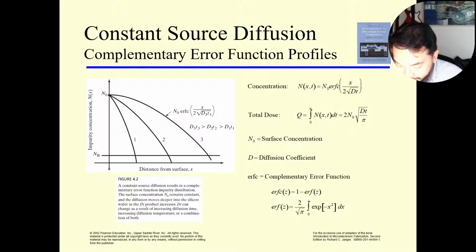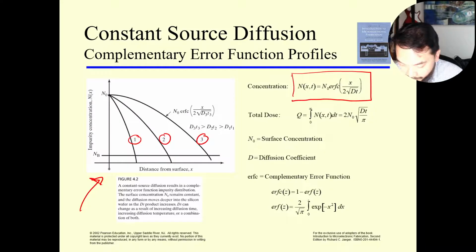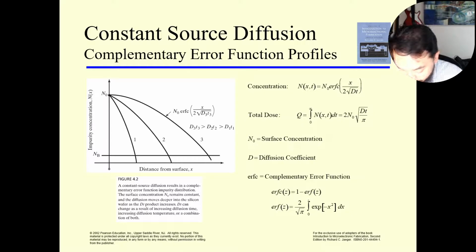But before we go there, let's look at the equation that describes the line first. As you can see from this graph, you have 3, but don't worry about the 3. Let's look at number one first.